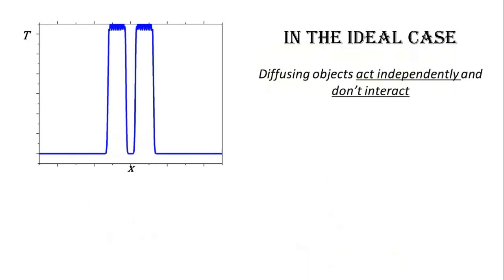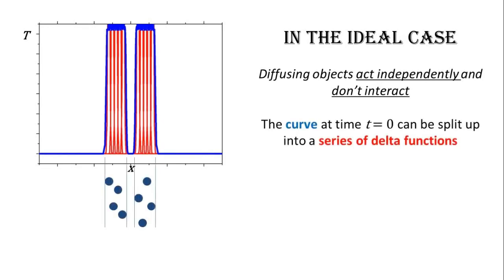Because, theoretically, each diffusing object acts independently, you can then imagine any starting temperature profile as a sum of a series of delta functions, a whole bunch of spikes. Or if you're talking about molecular diffusion, the starting concentration profile is the sum of the positions of each individual molecule.